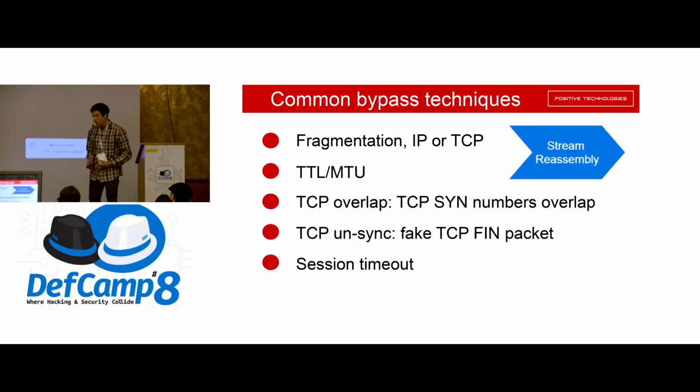TCP overlap is another widely known technique, where an attacker creates an ambiguity of overlapping TCP sequence number interpretation. Also, a fake TCP FIN packet may be employed for this confusion.